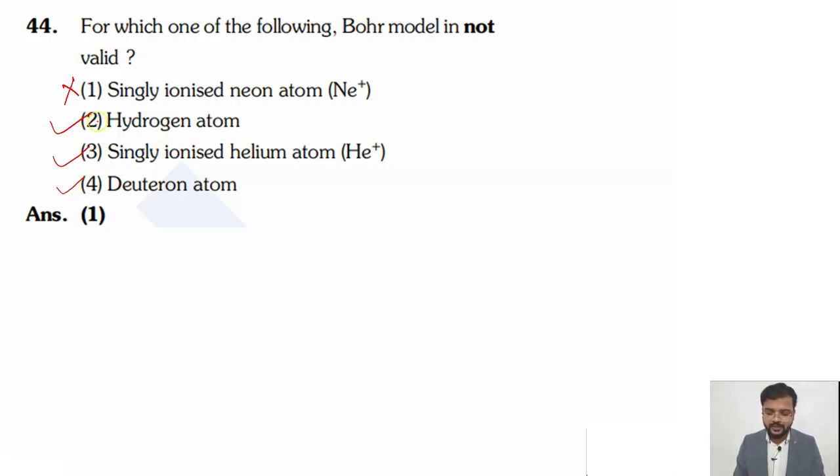The hydrogen atom, singly ionized helium atom and deuteron atom have only one electron. That's why the Bohr model is valid for the second, third and fourth options. But for neon, it is not valid. That's why the correct answer is what? The correct answer is 1, because he is asking for where the Bohr model is not valid. Correct or not?